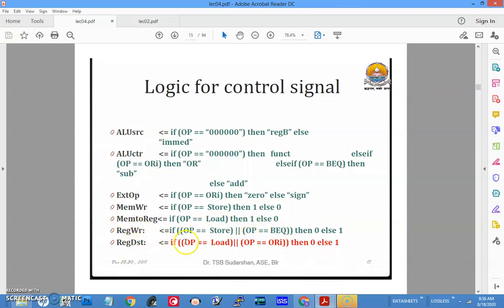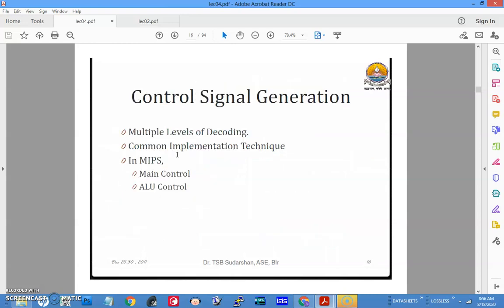Register destination is set if there is a load instruction and so on. If you spend some time on this slide, you will get the logic for asserting each of the control lines. That is represented as a table that we are going to see.